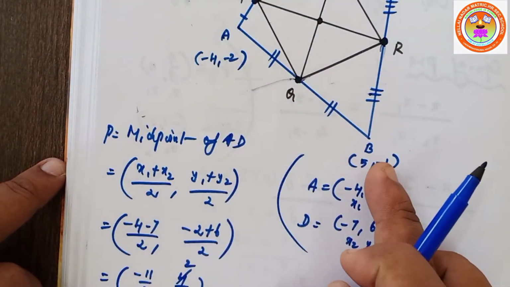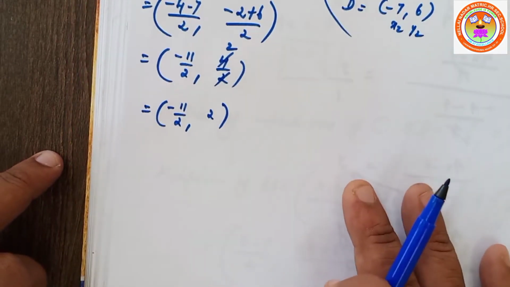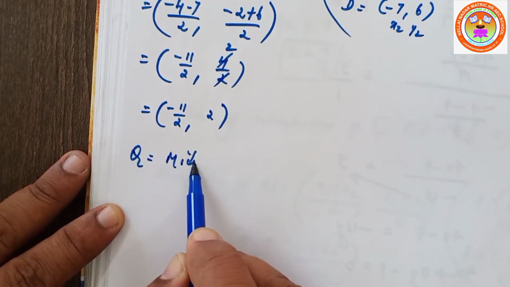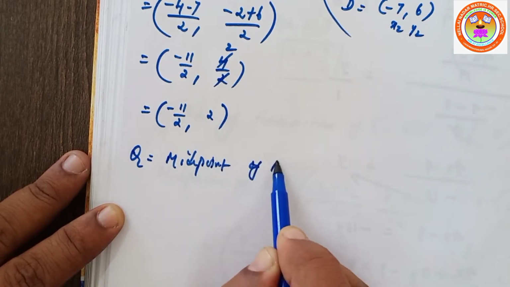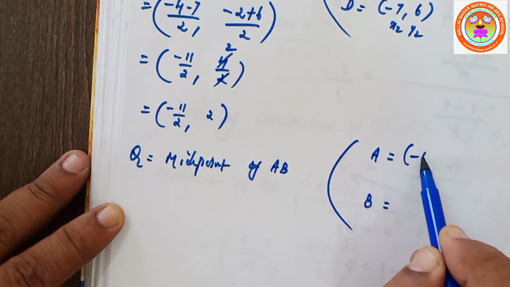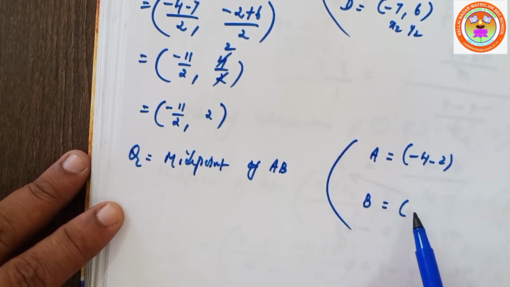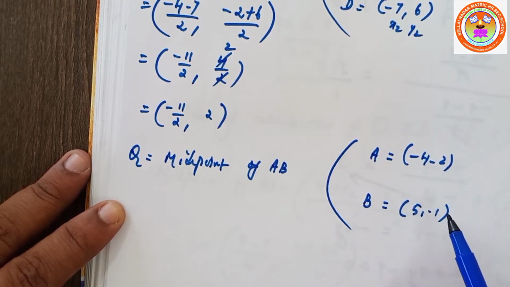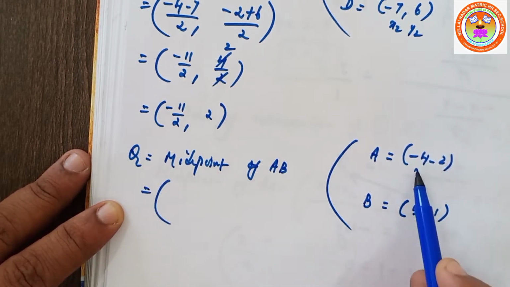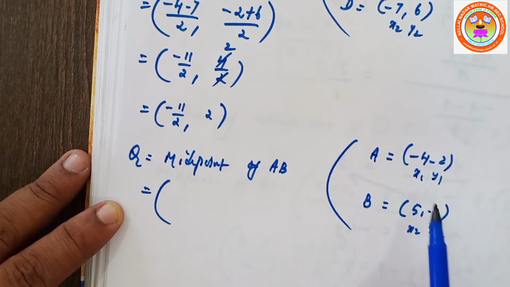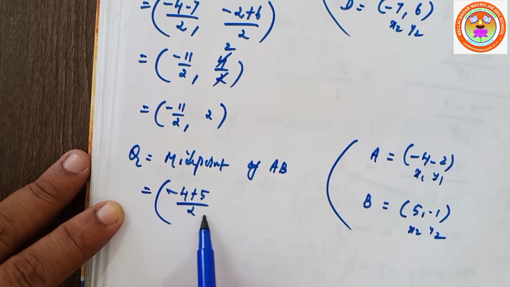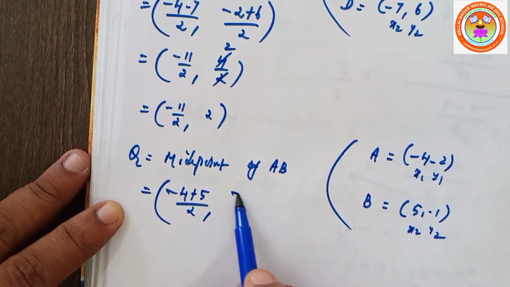Q is the midpoint of AB. Points A and B: A is (-4, -2) and B is (5, -1). The same midpoint formula: x1 plus x2 by 2, so -4 plus 5 by 2. y1 plus y2 is -2 -1.